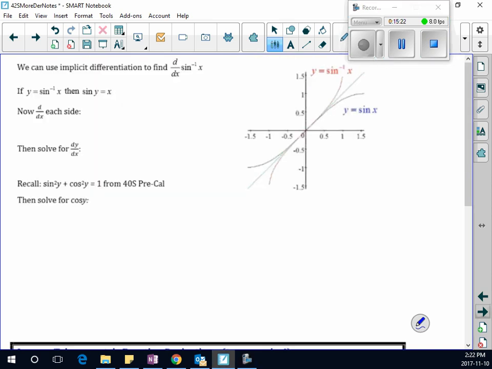Okay, so now we're going to do the new stuff, which is derivatives. We're going to use implicit differentiation to figure out what the derivative of inverse sine is.